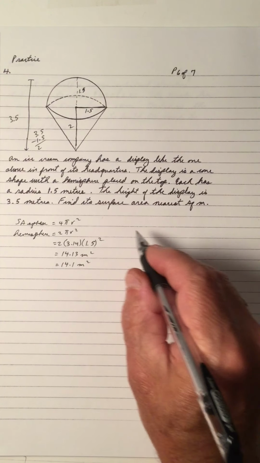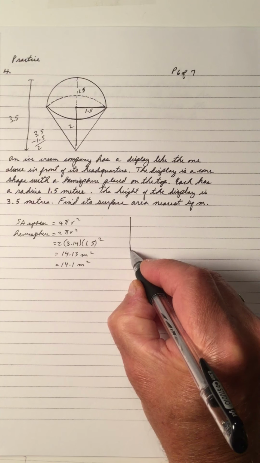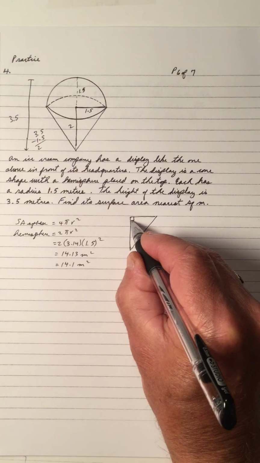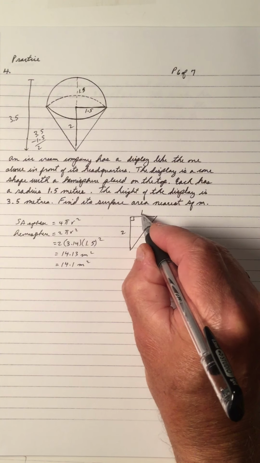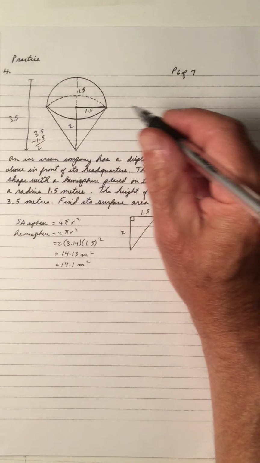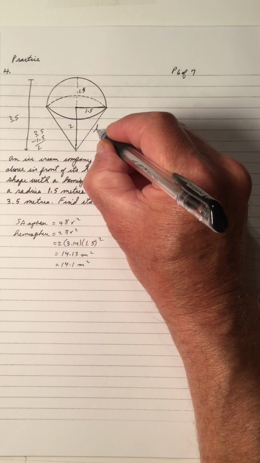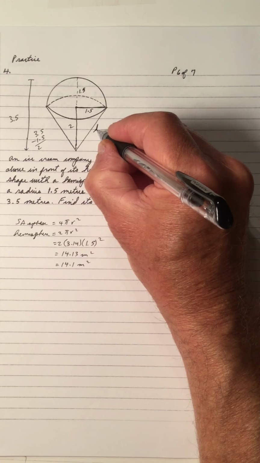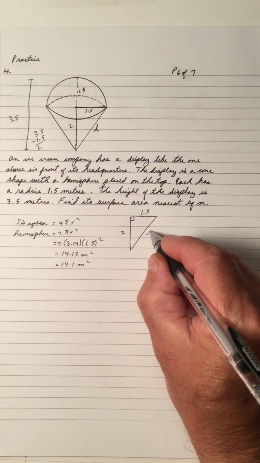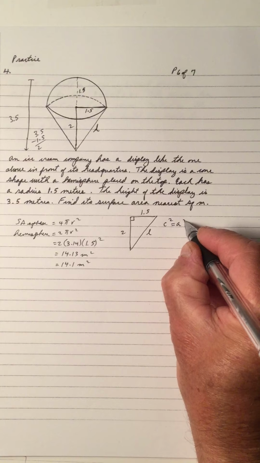If that be the case, let's draw this. I have this shape. So I have a right angle, I have a 2, and I have a 1.5. So in order to get the surface area of the cone, I need to get the slant height, L. So if I take this diagram and reproduce it, I have a Pythagorean, c squared equals a squared plus b squared.